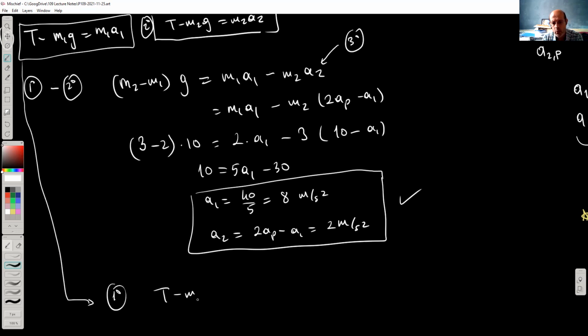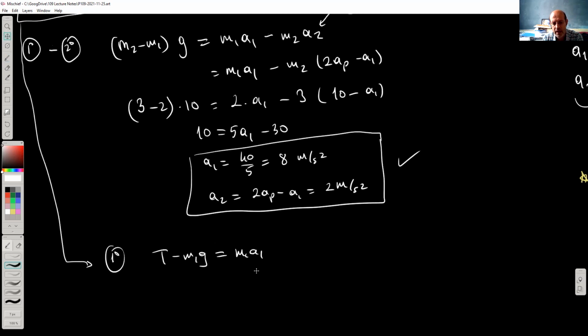So that's T minus M1G equal to M1A1. The tension is T, M1 is 2, gravity is 10, that's 20, and the acceleration is 8. So that's 16. So the tension is 36 newtons.